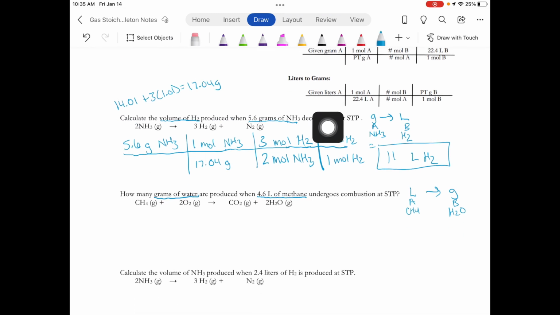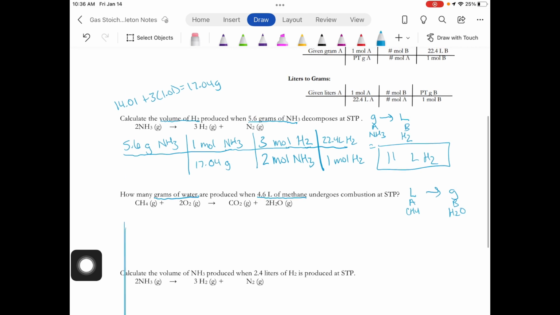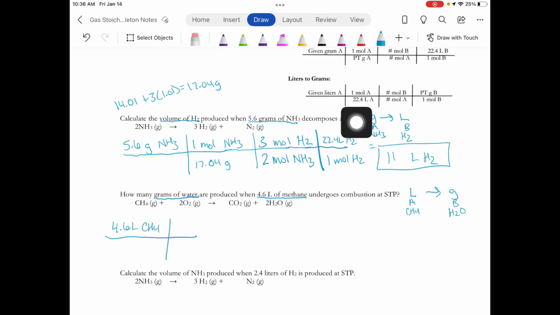So given liters of A, we had 4.6 liters of methane. On the bottom then will be our 22.4 liters of methane.